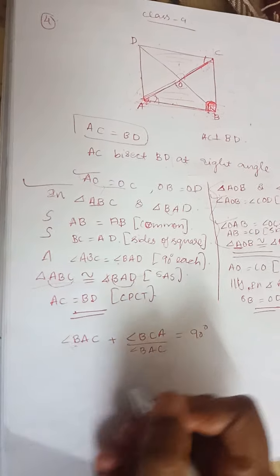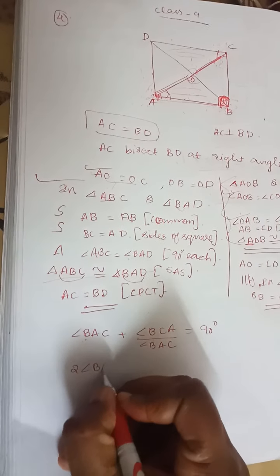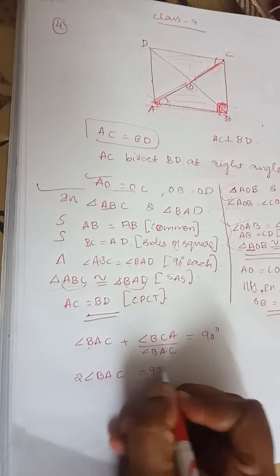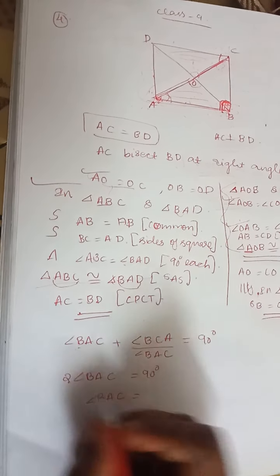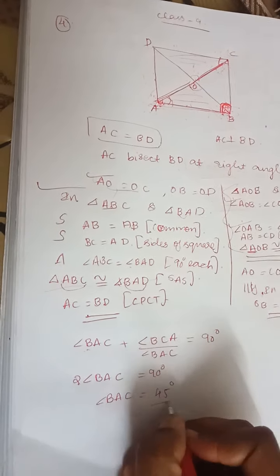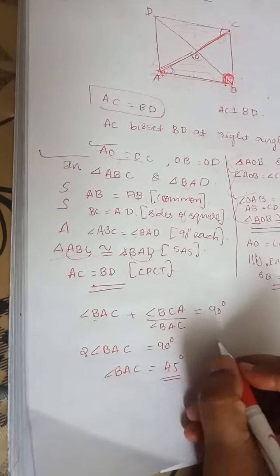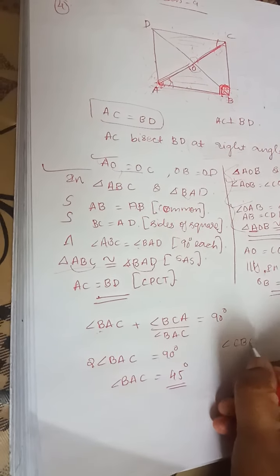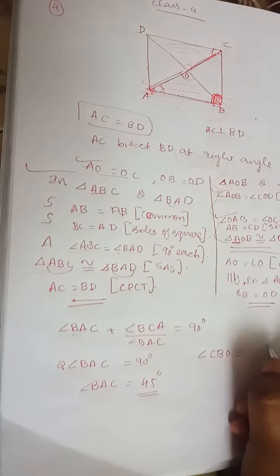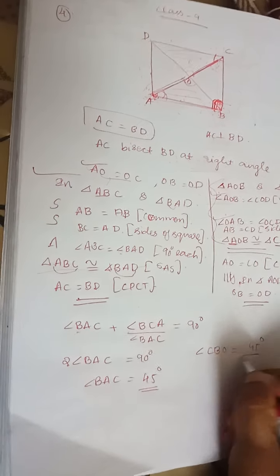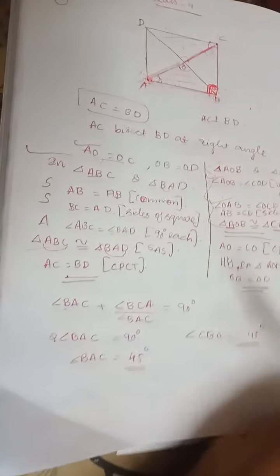So 2 into angle BAC is equal to 90 degree. We will get angle BAC is equal to 90 degree divided by 2, 45 degree. Like that we can prove here angle CBO also is equal to 45 degree. Same procedure.